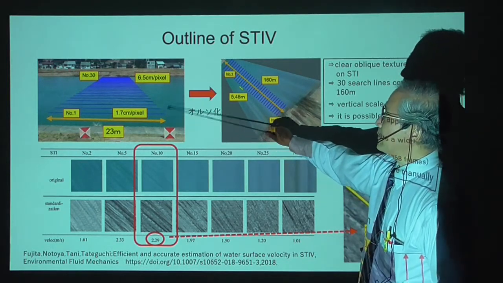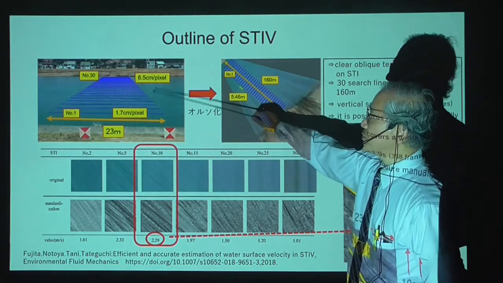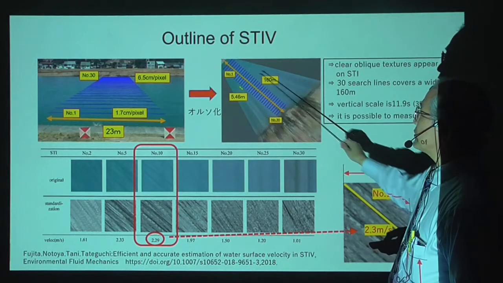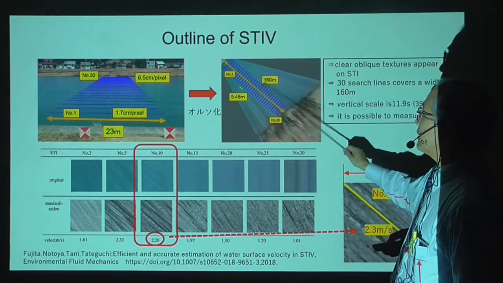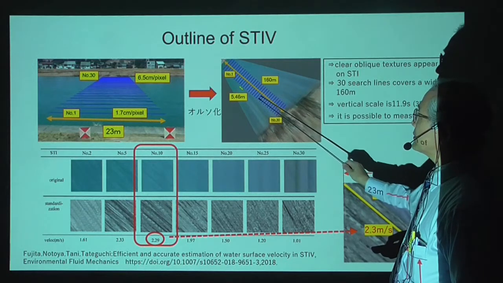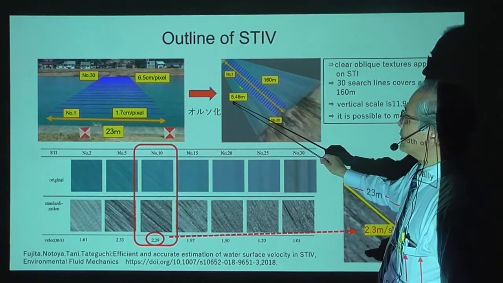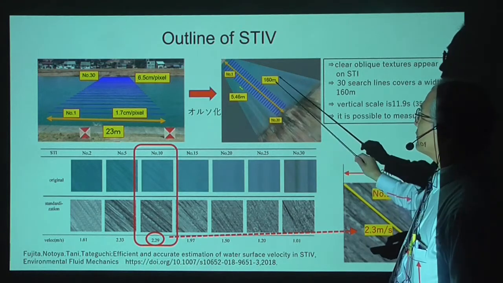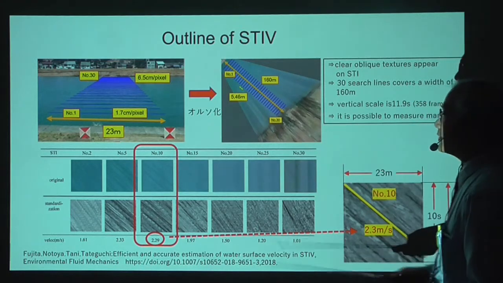In this technique, we set search lines like this. In the ortho-rectified image, the search lines are drawn in this case at a spacing of 5.46 meters, and it covers 160 meters of river reach.